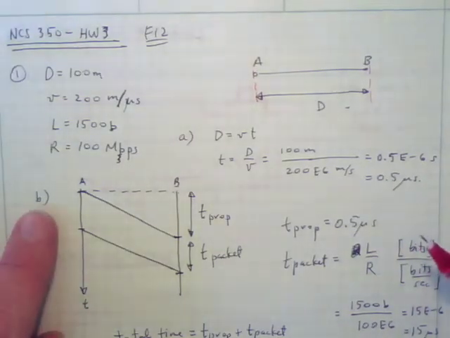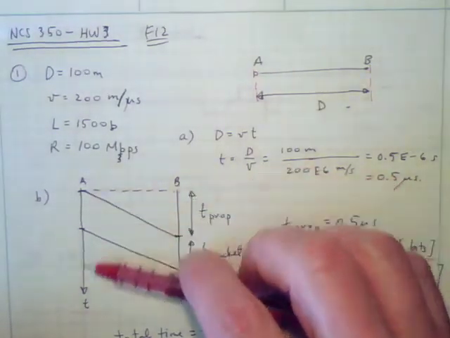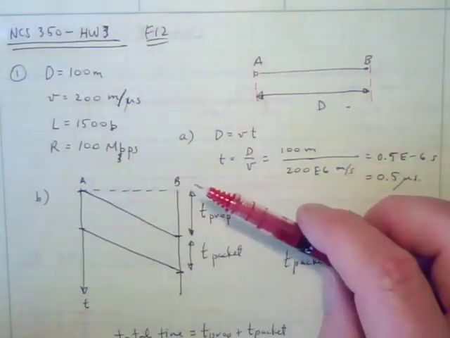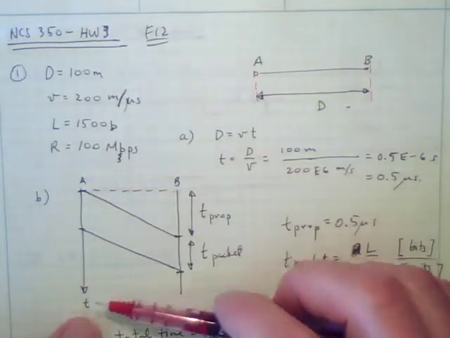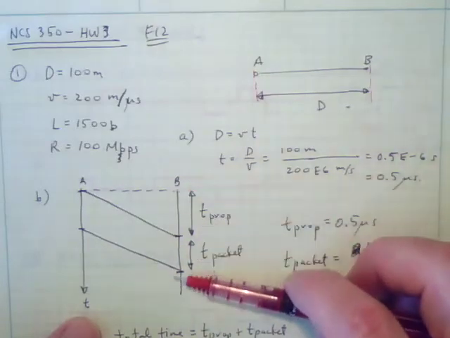To answer part B, which asks for the total time to transmit the packet, I drew a new picture. I have A and B at a distance d apart, and I have the time axis coming downwards.